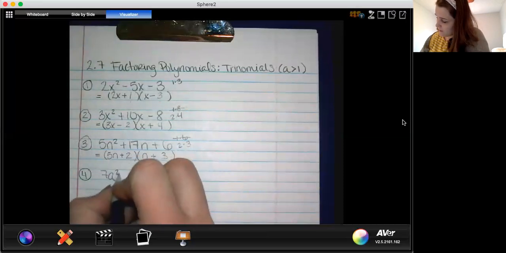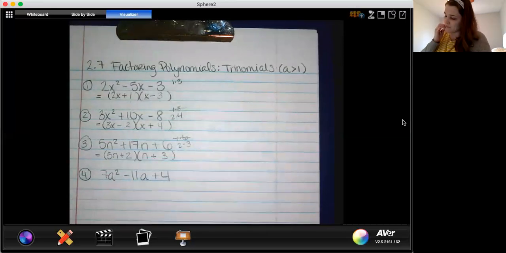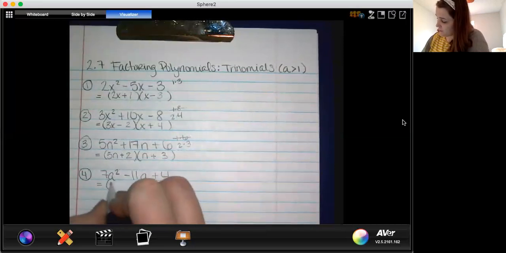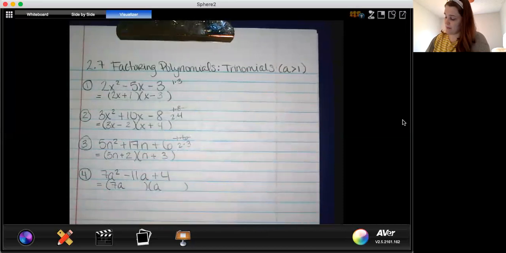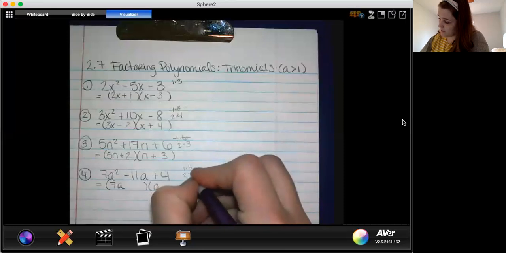7a squared minus 11a plus 4. Okay, so no GCF. So we want 7a and a. And factors of 4 are 1 and 4, 2 and 2.